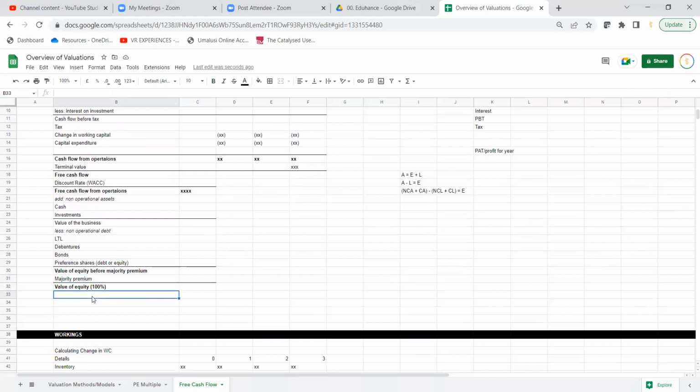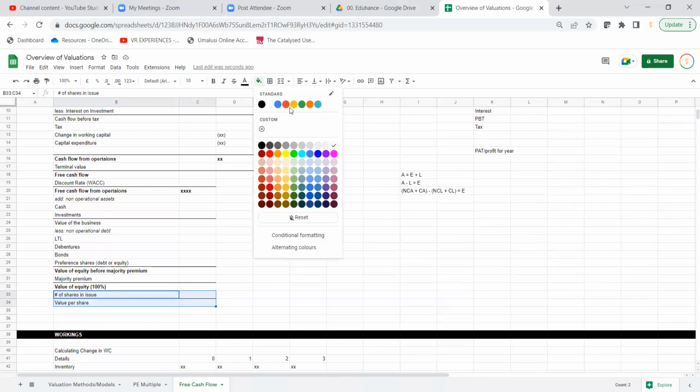If you want value of equity per share, you take value of equity 100% divided by number of shares in issue, and that will give you value per share. If you only want the percentage you want to acquire, so if you're acquiring 70%, you simply say 100% times 70%, and then it gives you your portion. So this over here I'm going to highlight in yellow or orange because it's not always going to be applicable.